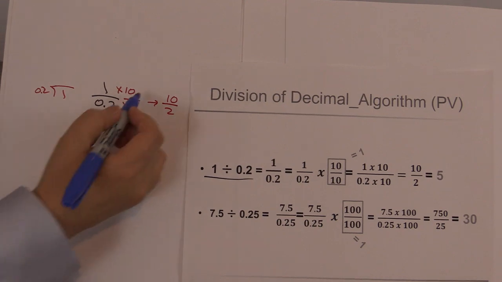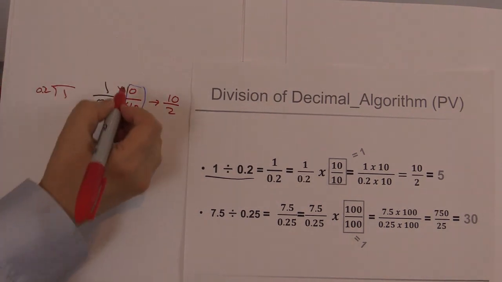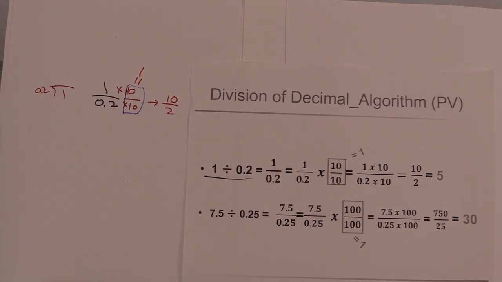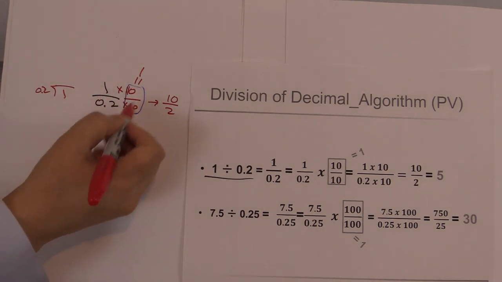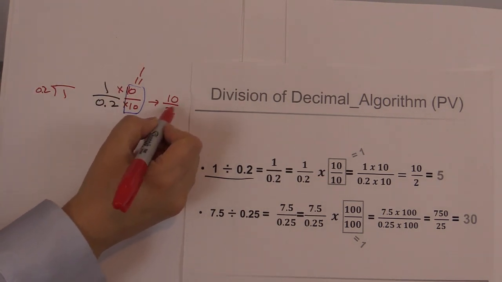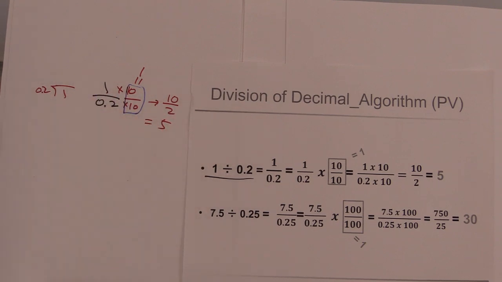So 10 over 10 is what? 10 over 10 is the same as 1. Anything multiplied by 1 is itself. It doesn't change any value. That's why we can do this, because we didn't change any value mathematically. We just changed the place value by multiplying by 10 over 10. So that's why this is 5, and we don't need to change anything.